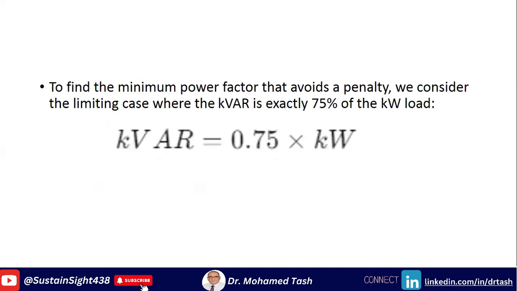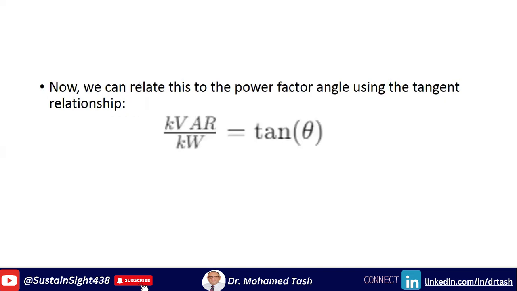To find the minimum power factor that avoids a penalty, we have to consider the limiting case where the reactive power, or kVAR, is exactly 75% of the real power load.